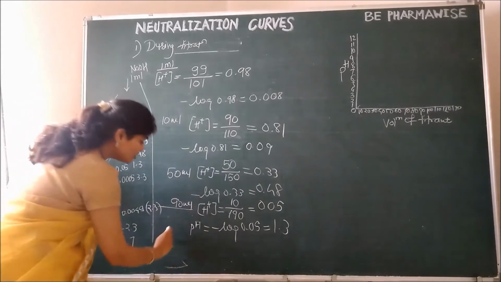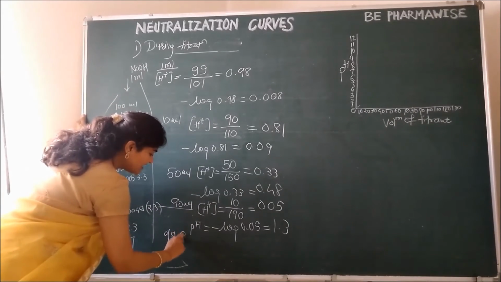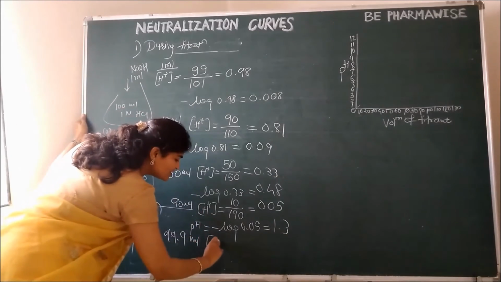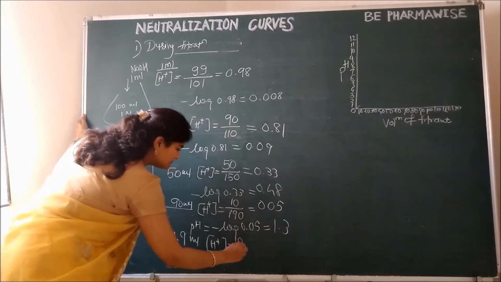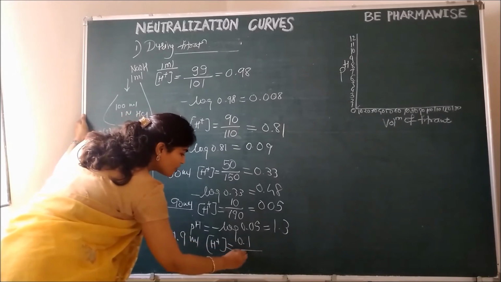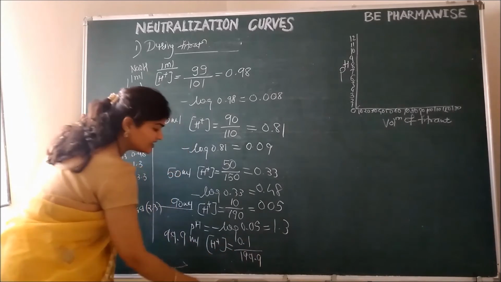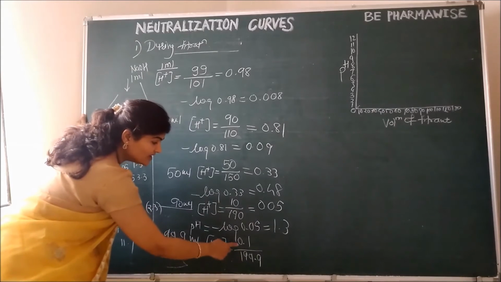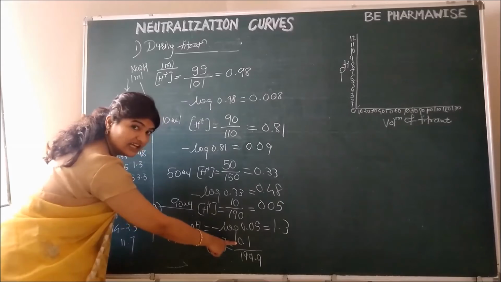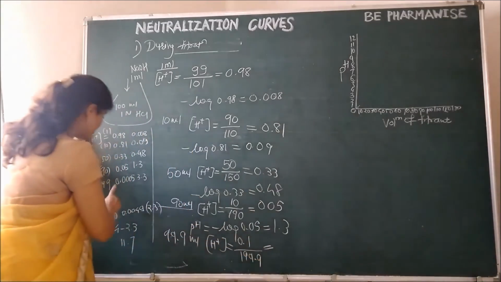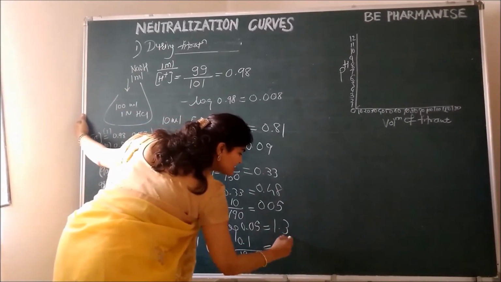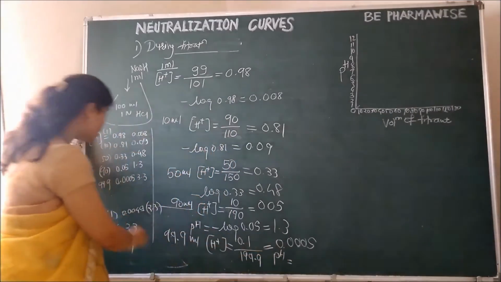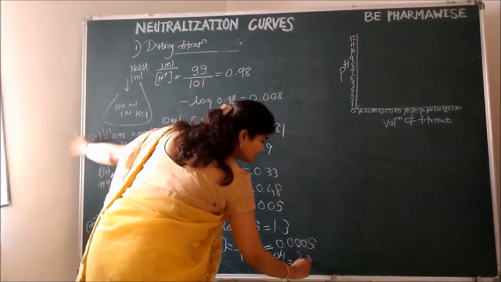Now let's find out one more point, 99.9 ml. So what will be the H plus ion concentration? Yes, 0.1 upon 199.9. 199.9 is the total volume, but 0.1 acid is still remaining. So the value comes 0.0005 and the pH value means negative log of this comes 3.3.